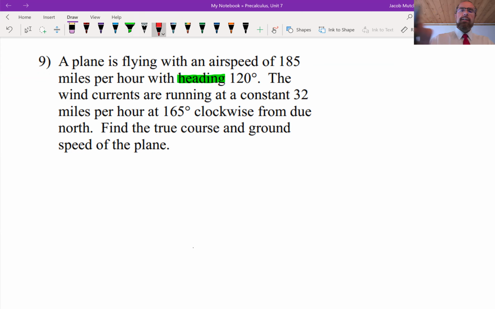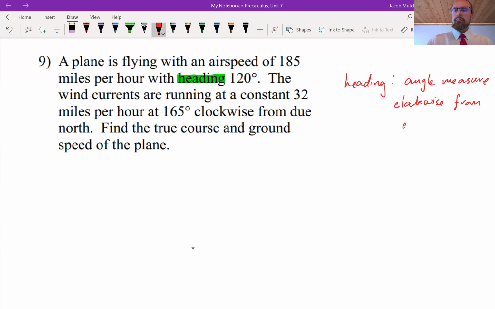And the way that we define heading is an angle measure clockwise from due north. So what we've got to notice is that our starting point when we're beginning our measures for heading is north.